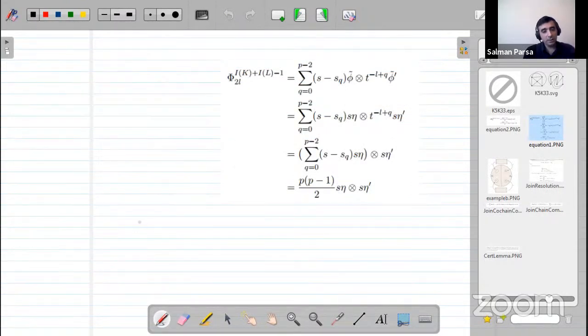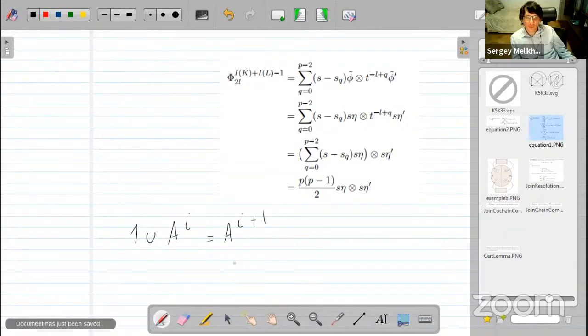This follows, for instance, by the argument that Sergey said, with the coboundary, right? So if you have, sorry, not the coboundary, the cup product. So 1 cup AI is AI plus 1. This looks a little bit strange. 1 lives in dimension 0.